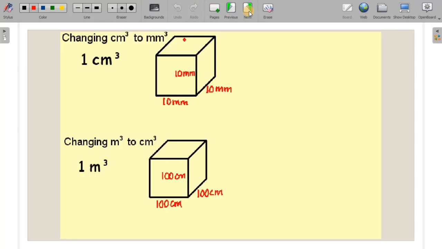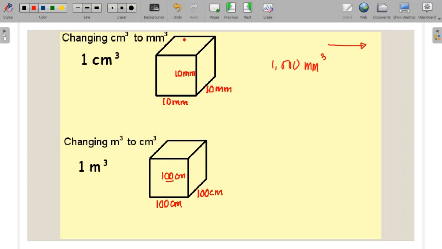So example number 1 here. I already drew your conversion. Remember that from cm to mm, that is going to the right again, and 1 cm is equal to 10 mm. So 10 times 10 times 10 would be how many? 1000. So that's 1000 mm cube. Now for meter cube to centimeter cube, how many steps? 2 steps.